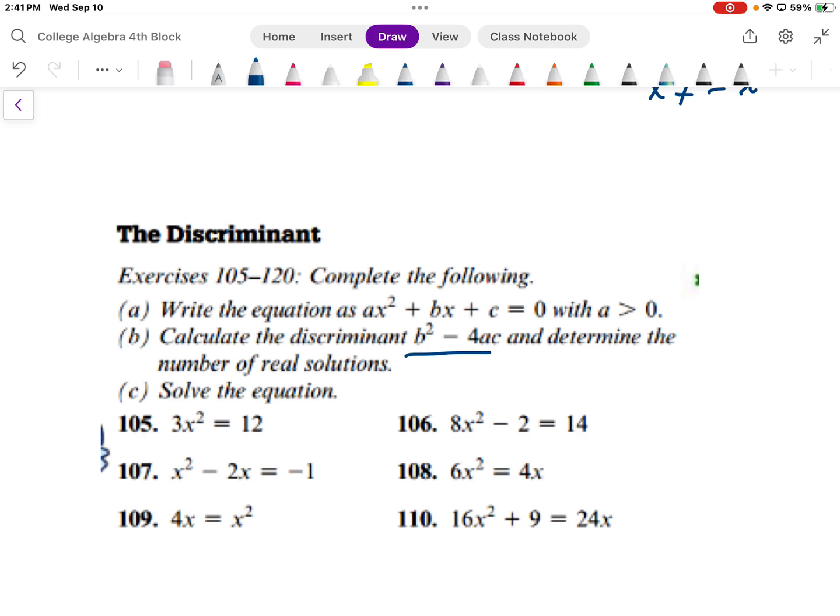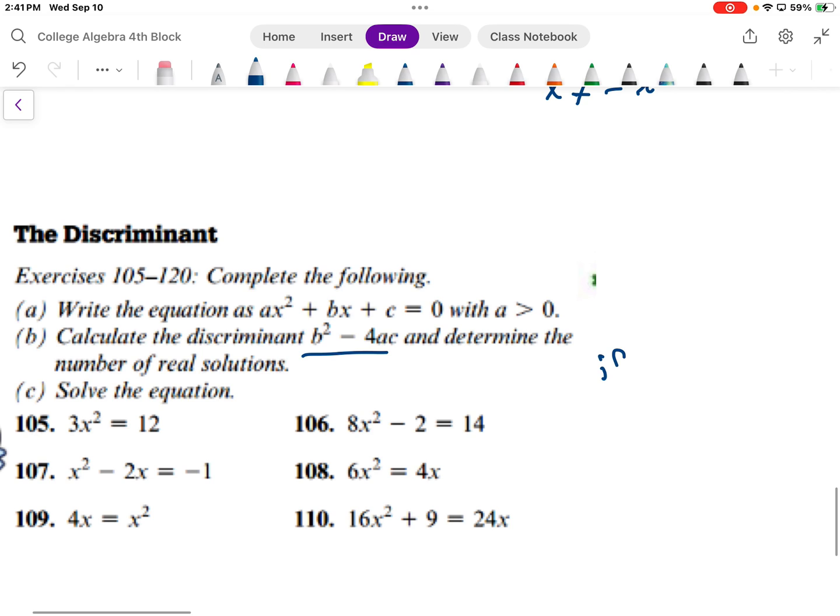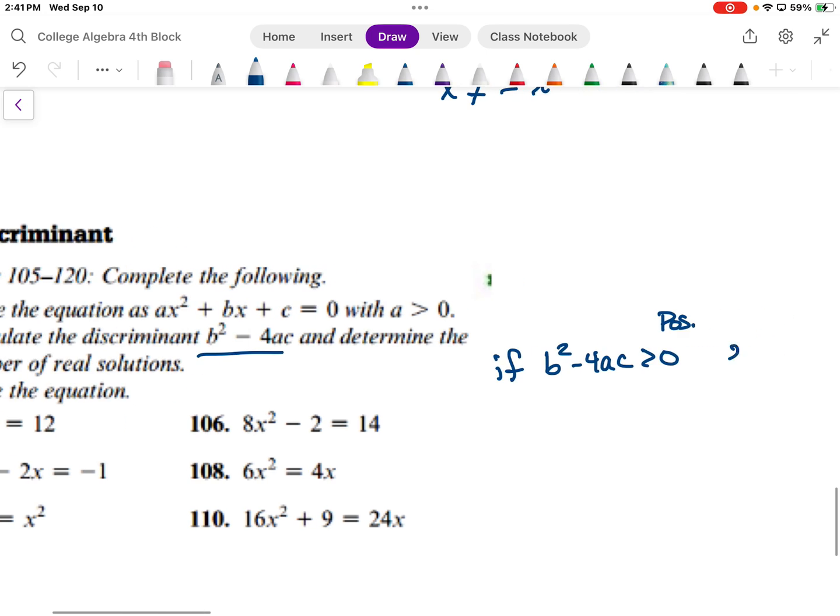We can write this down next to it, because we're going to get out of here in 2 minutes. If b squared minus 4ac is greater than 0, which means positive, two real solutions.